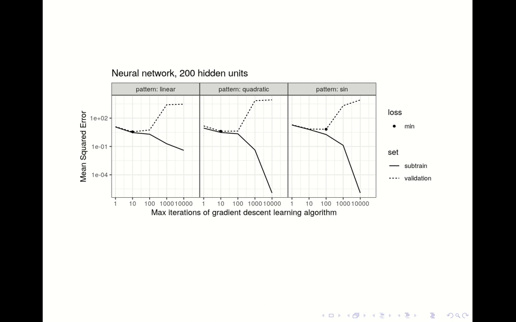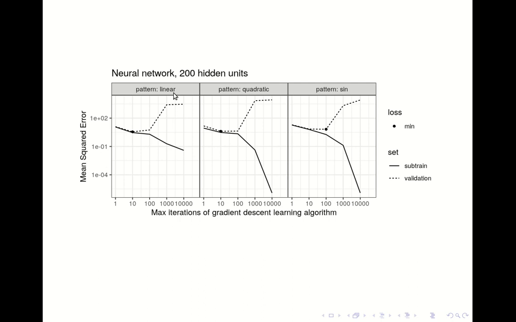And so this summary plot shows the mean squared error as a function of the number of iterations. Here the subtrain error goes down, and it keeps going down quite strongly as a function of the number of iterations, whereas the validation error starts going down and then quickly starts going up, right?